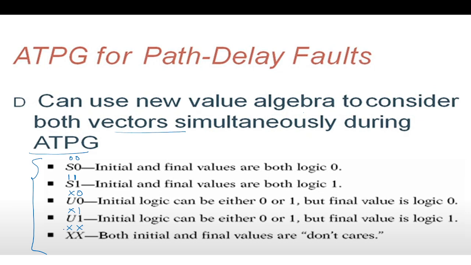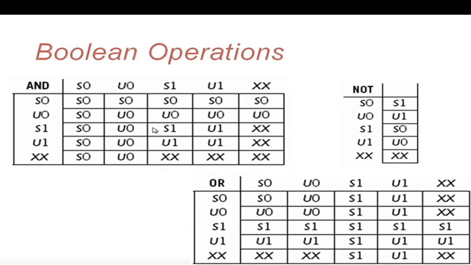So this logic we will use, and the truth table for the basic gates is like this: strictly 0, don't care 0, don't care 0, 1 1, don't care 1, both don't care. Whenever for an AND gate, 0 is a controlling value, so we get a 0 here.